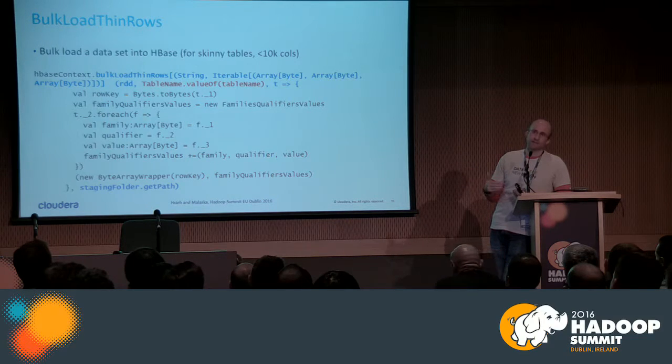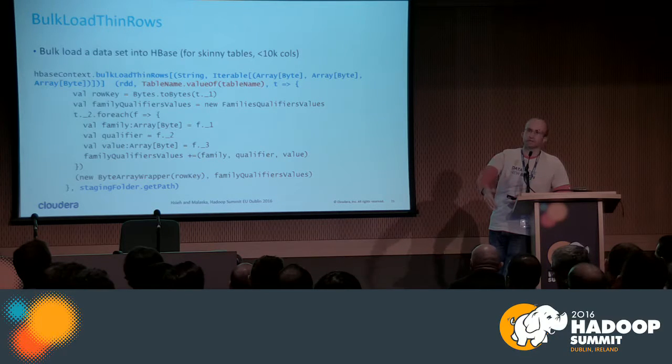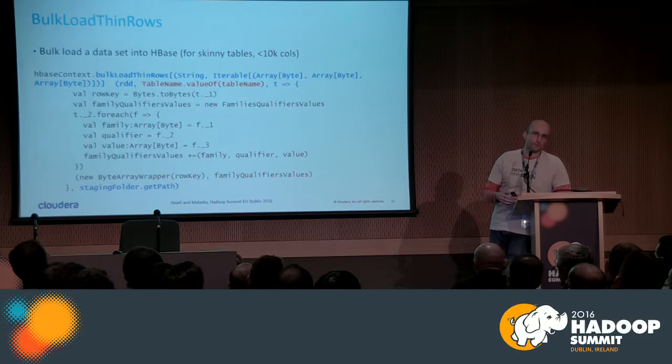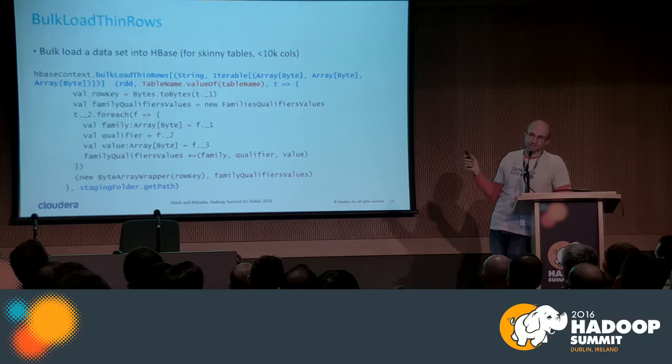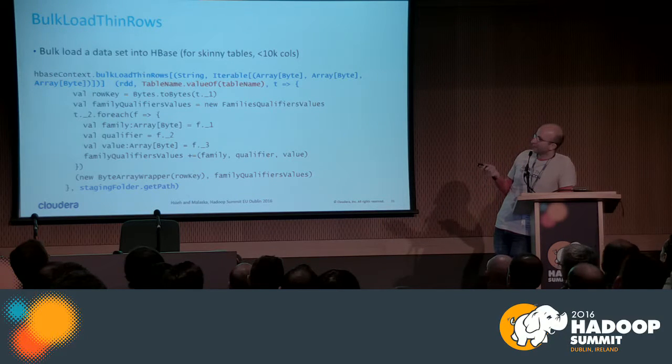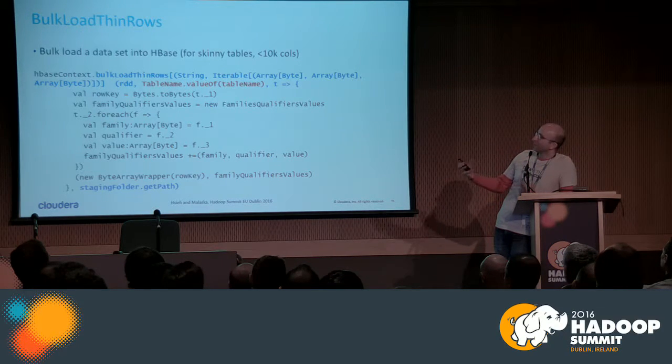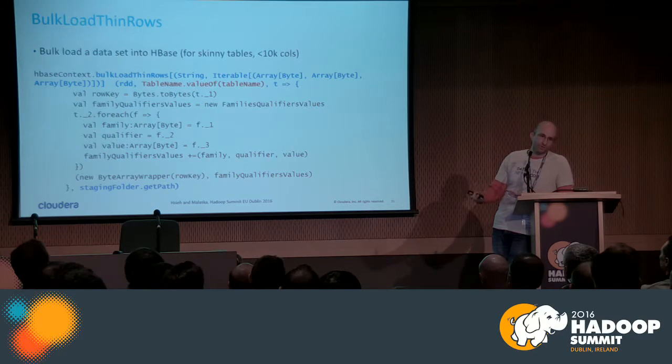What this does is reduce the number of individual records in the shuffle, making the shuffle more efficient and your bulk load faster, right? But behind the scenes, there's a lot of shared code between this and the MapReduce version, and I think we actually pulled out the shared code, and they're both implementing the shared implementation. So if one has a bug, they both have the bug, and if one's fixed, they're both fixed, which is kind of cool.